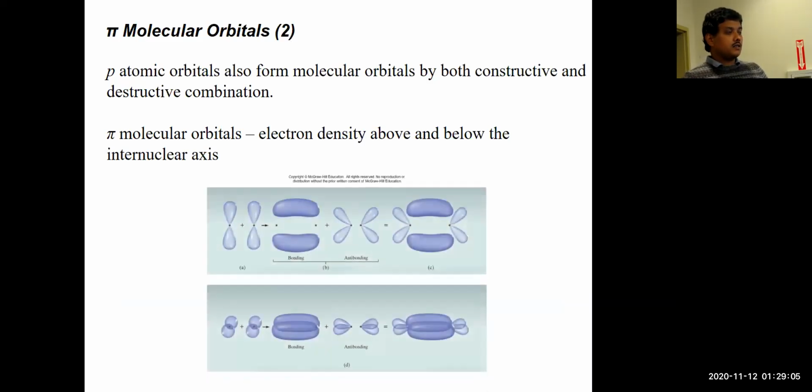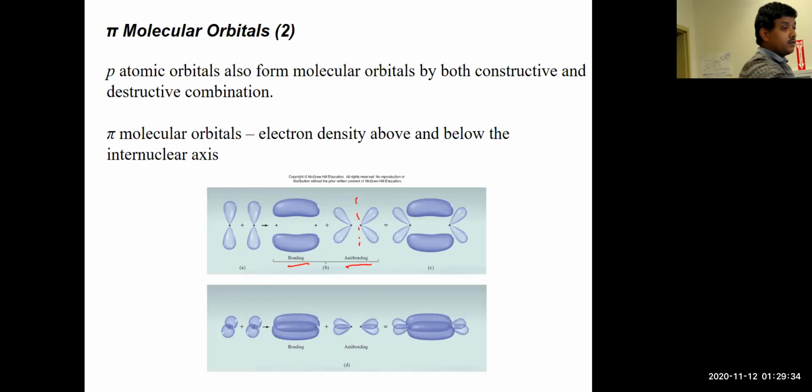Another case is when you have p orbitals in different orientations. Let's say your p orbital is in a perpendicular orientation, then it would form the bonding molecular orbital and antibonding molecular orbital like this. The bonding one always looks larger, and the antibonding one always looks smaller than the first one, and also they are not connected because they always have a node in between them.